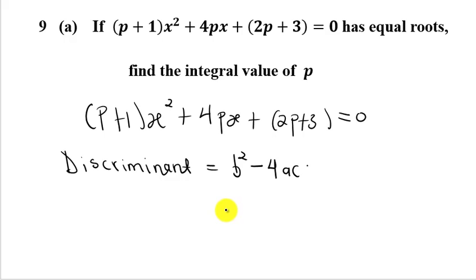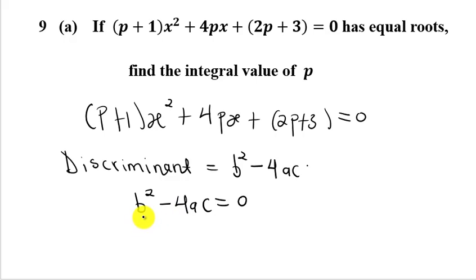So if the quadratic equation has equal roots, then this discriminant, b² − 4ac, is equal to 0, where a, b, and c are the constants in the quadratic equation.